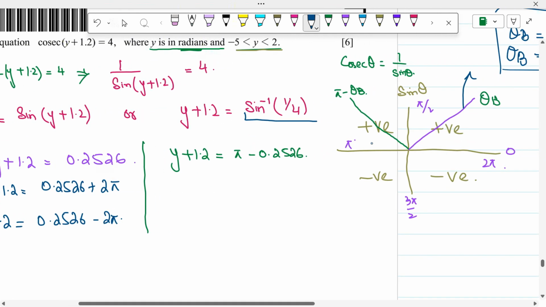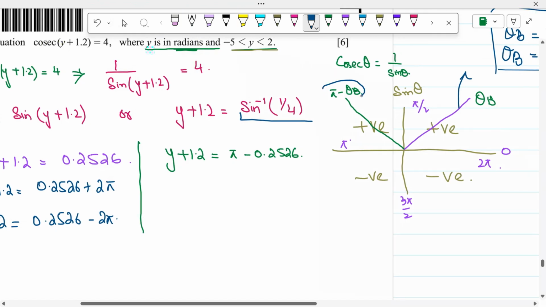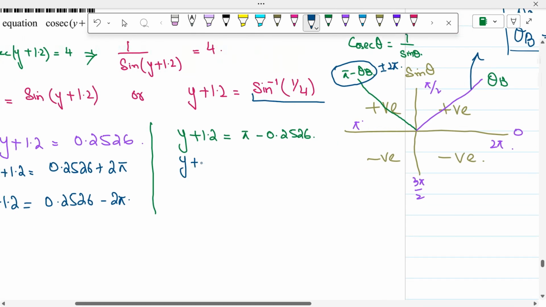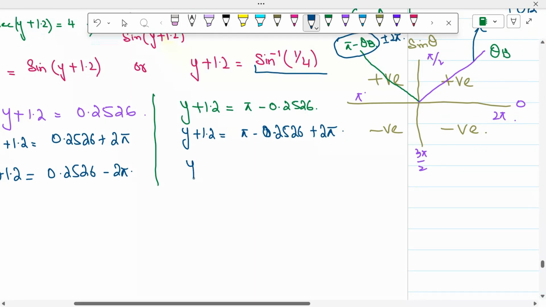On the other side, the angle in the second quadrant can also be written with the help of plus or minus 2 pi. So y plus 1.2 is also equal to pi minus 0.2526 plus 2 pi, and y plus 1.2 is equal to pi minus 0.2526 minus 2 pi.